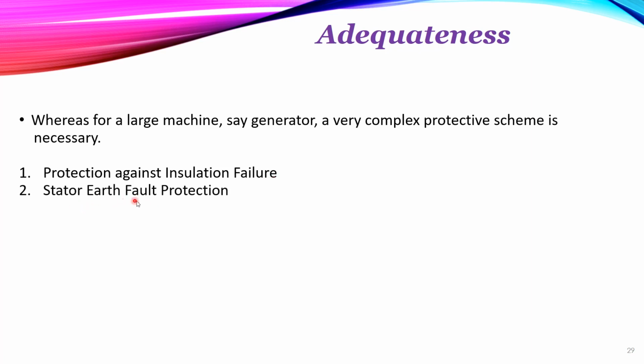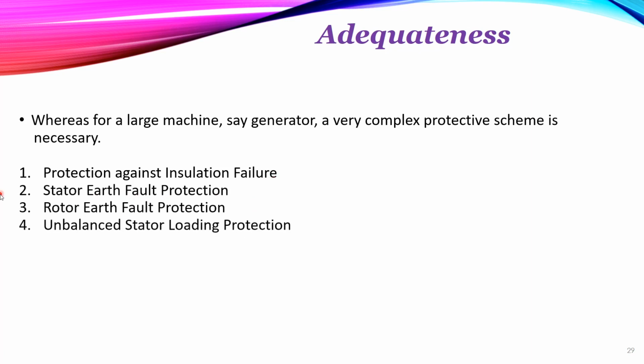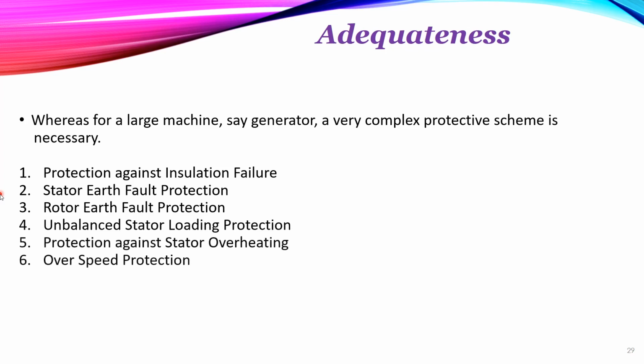The stator earth fault protection for the generator itself, the rotor earth fault protection, the unbalanced stator loading protection, protection against stator overheating, overspeed protection, differential protection. All of this type of protection can be used to protect a large machine like a generator.